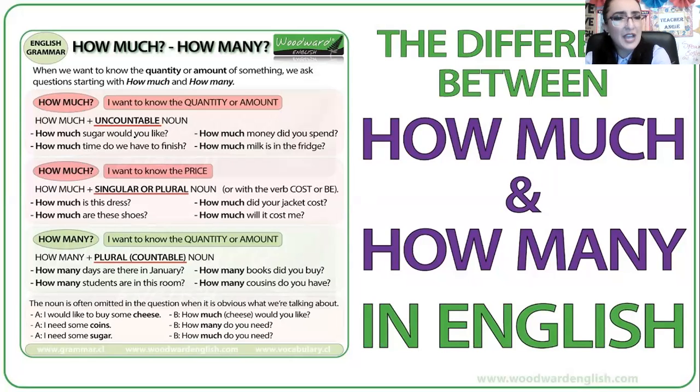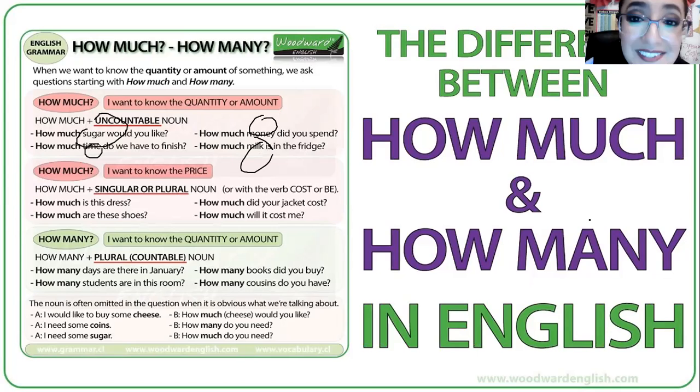How much sugar would you like? You can be using the is there, could it be, would you like, whatever that you want. Imagine that this is like a question word. How much time do we have to finish? How much money did you spend? How much milk is in the fridge? Uncountables. Only one.